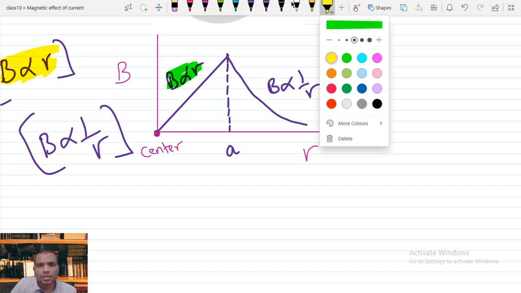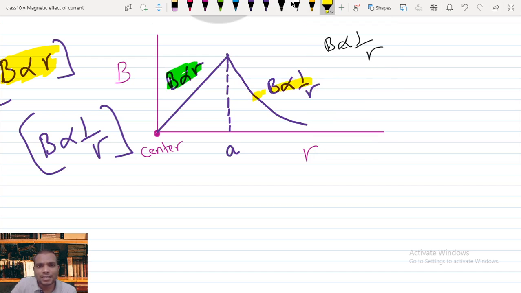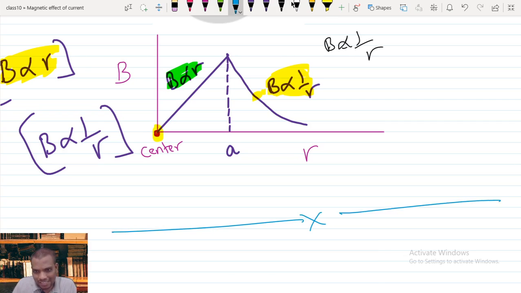This is how the magnitude of the magnetic field changes. But exactly at the center, on the axis of the current carrying conducting wire, the magnetic field equals 0. Biot-Savart's law also says the same about that point.